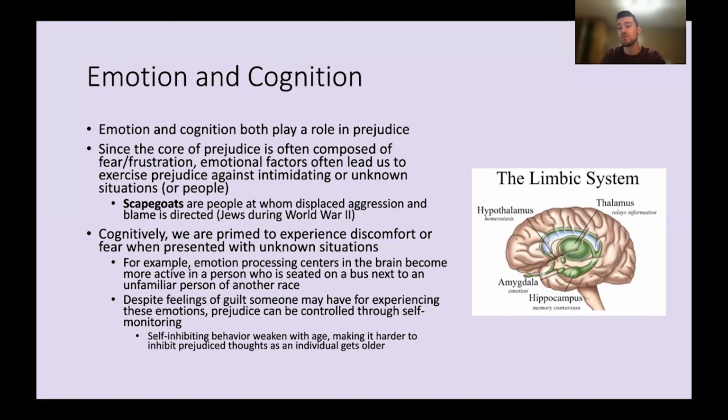We can't really control what our brain does when we're faced with an unfamiliar situation, but we can control how we act. That is something that we actively seek to do, because we're aware that prejudice is wrong, but we can't really control what our biology does, which is very interesting.